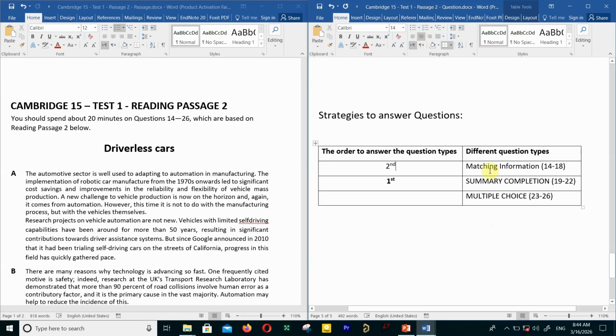It is better for you to choose matching information for the second one, because when you go through the whole passage and find out what is going on in the passage, you can already find and locate where it could be finding multiple choice questions.